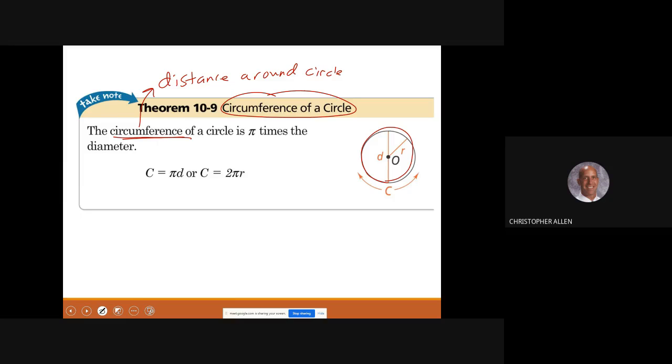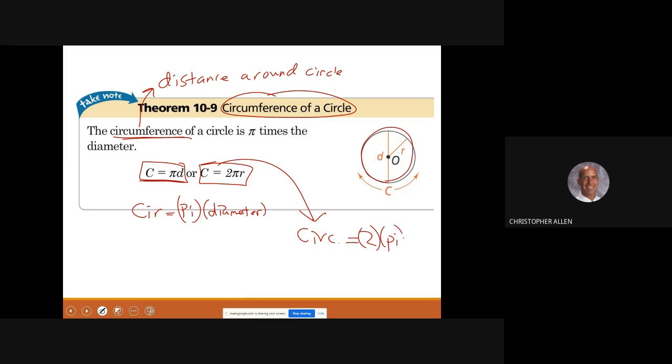The formula for circumference, there's two of them. Circumference is equal to pi times the diameter, or the way we normally would write that is C equals pi times D. The other formula is that the circumference is 2 times pi times the radius. And I think you guys are familiar with that.